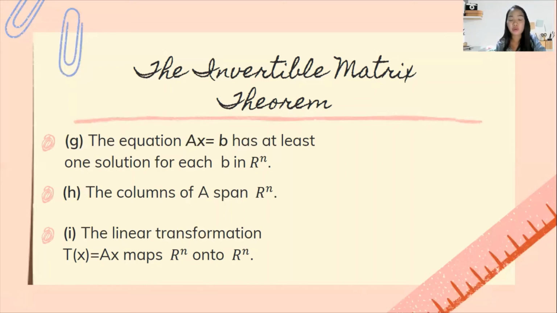It's different from 1-to-1, because here in onto we have a pivot in every row and in every column. And remember that if we have a pivot in every column, then the matrix is invertible.